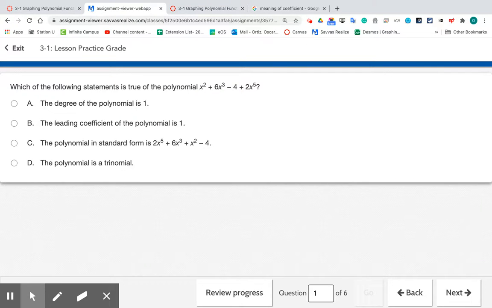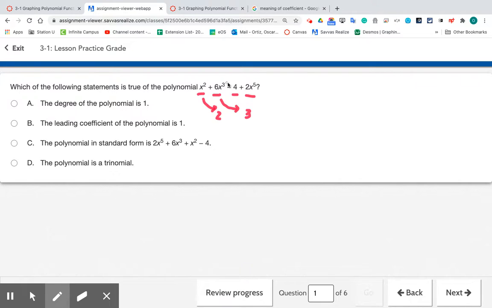So first of all, I need to notice that the degree of this polynomial is determined by the greatest degree of the terms. So right here, I got 1, 2, 3, and 4 terms, and this one has degree 2, this one has degree 3.